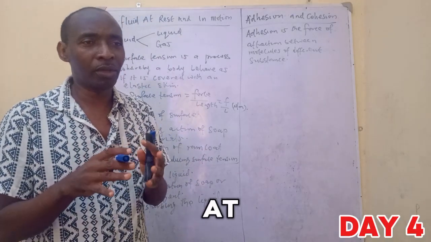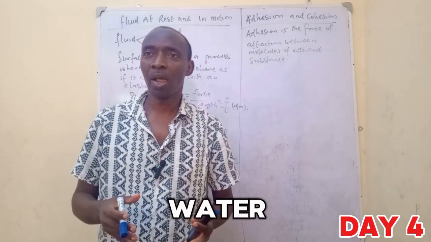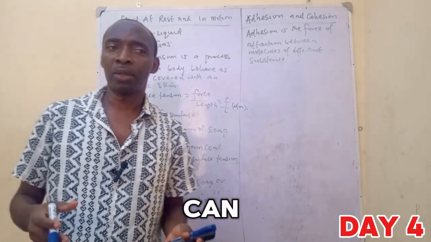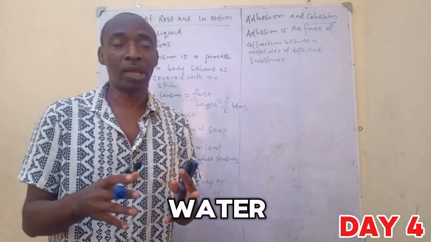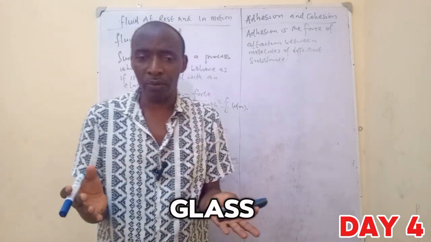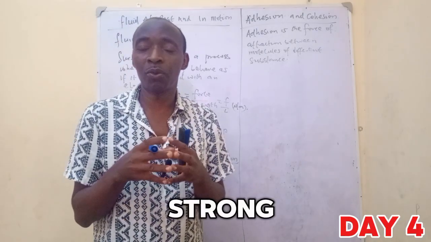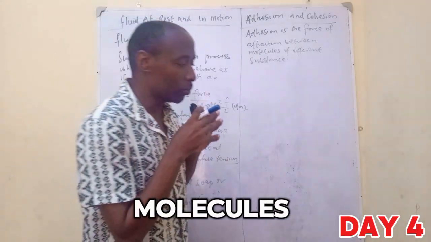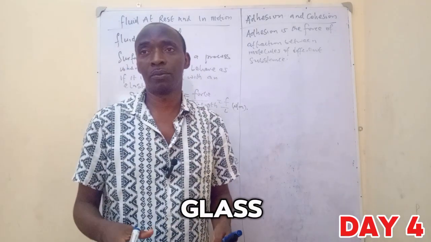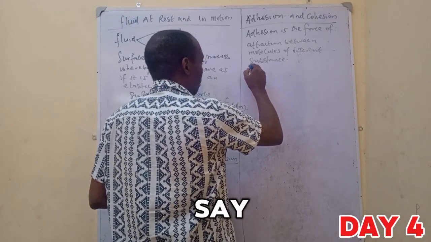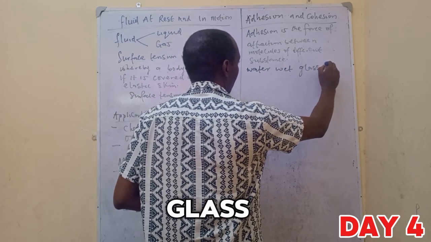For example, when you have water in a container such as a glass, water wets glass. Why does water wet glass? Because of the strong force of attraction between the molecules of water and the molecules of glass.